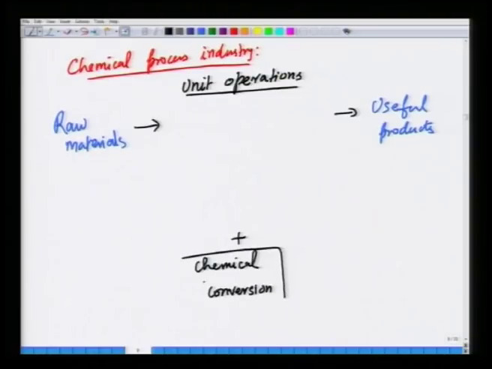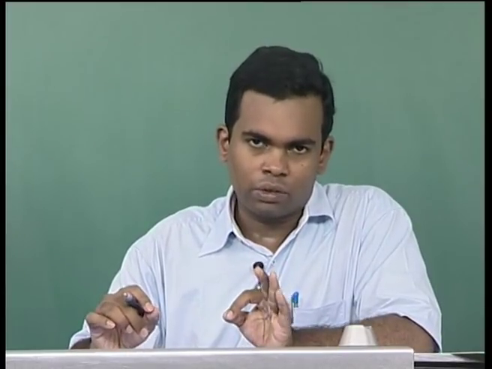Okay. So, chemical conversion is the conversion of a reactant or a few reactants to a product which is useful, and unit operations are physical operations which involve either separation of two chemicals or separation of heat energy from one stream, or just pure mechanical operation like grinding of a solid or separation of two species by virtue of their density difference and so on.